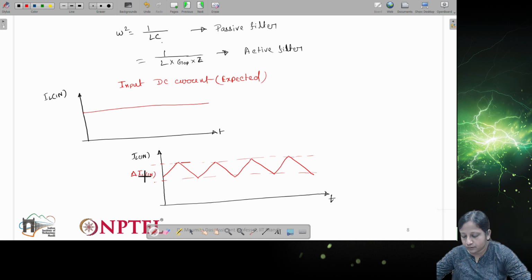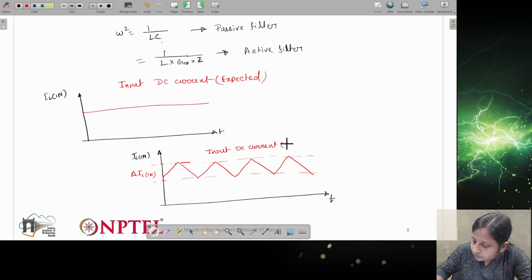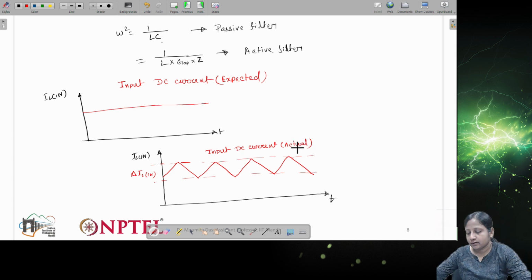Right? Now if you are getting this ripple current at the input, so this is the input, actual input DC current, right? This is the one expected and this is actual what we are getting. Then what we have to do, we have to subtract this actual with the expected one to get the required attenuation.